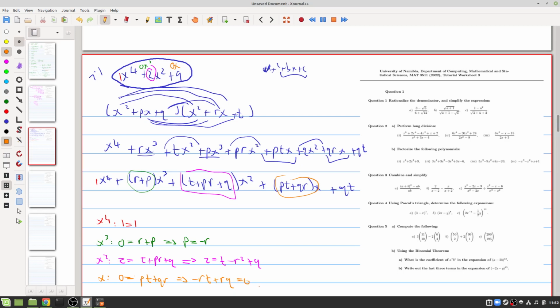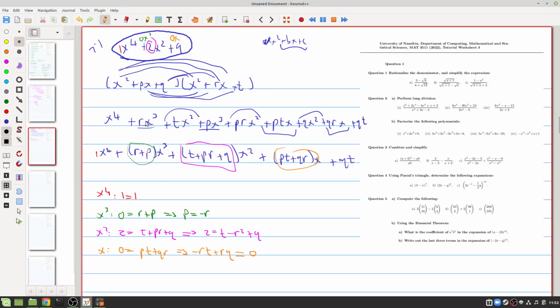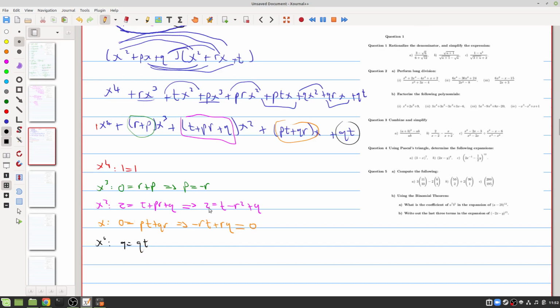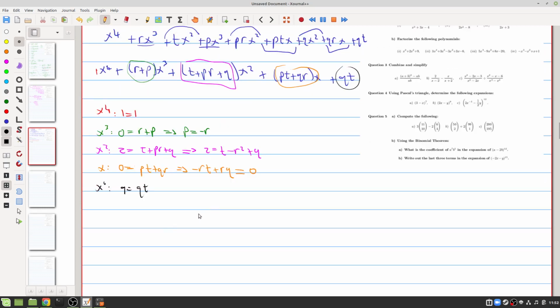Let me just rewrite that, it looks a little bit too much like a 6. Okay, and then our constants, let's do that in black. We've got a 9, and here we've got qt. So 9 equals qt. Okay, so now I've got lots of equations that we want to try to solve simultaneously.